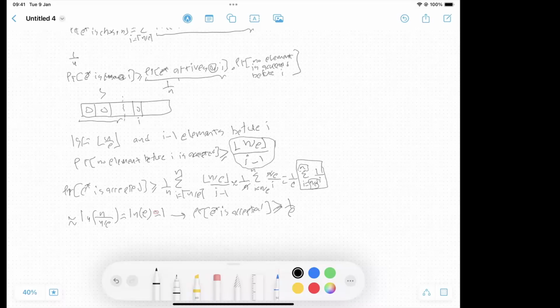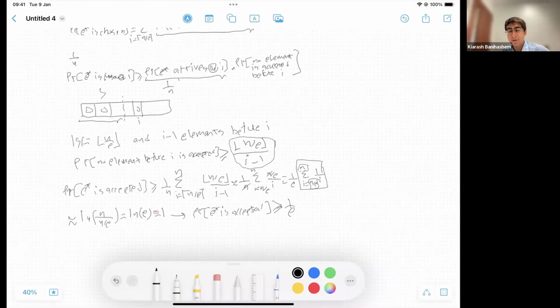And that's the thing: we have i minus 1 elements, and the maximum of the first i minus 1 elements should appear in the first n over e positions. Exactly. So as long as E star itself appears at time i, and the maximum of the previous elements appears in the first n over e, then we're always going to accept E star at time i.